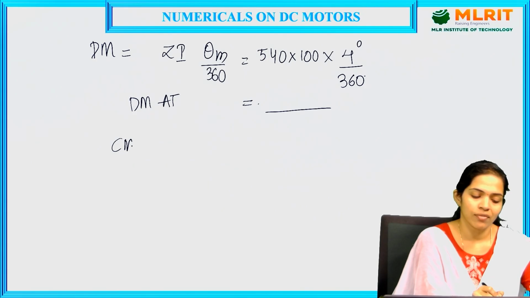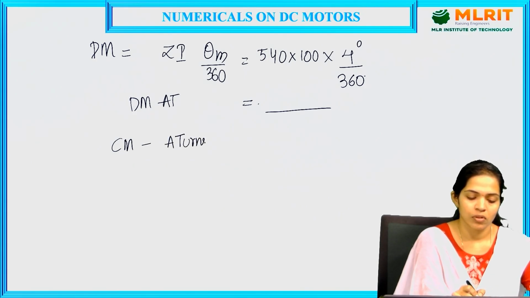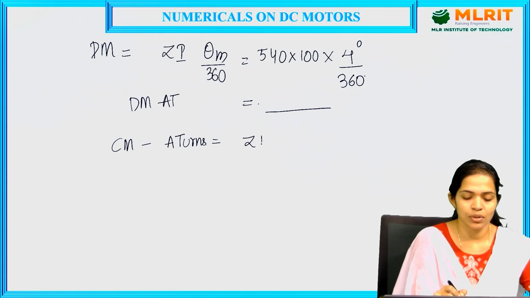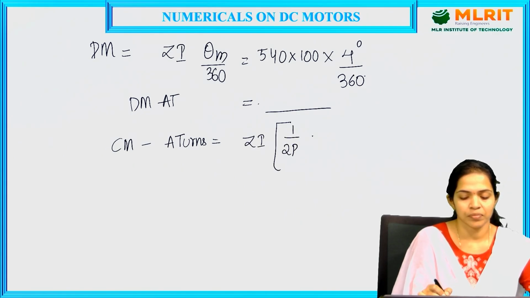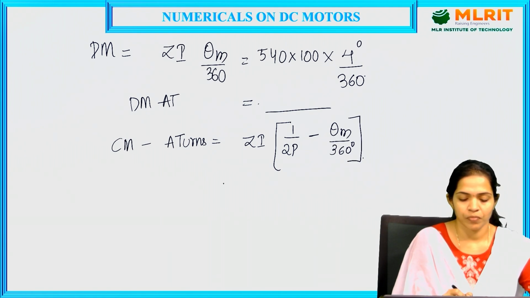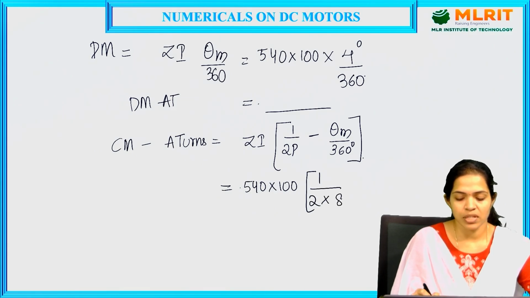Then we have to calculate the cross magnetizing ampere turns using the relation Z into I into 1 by 2p minus theta m by 360. Z is given as 540, the current is 100 amperes, number of poles is 8, theta m is given as 4 degrees divided by 360.